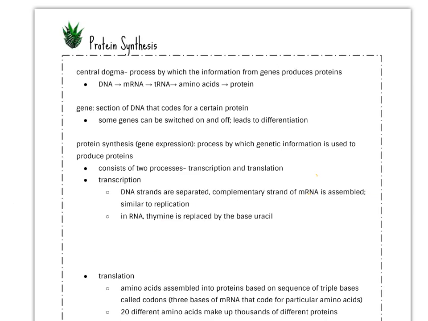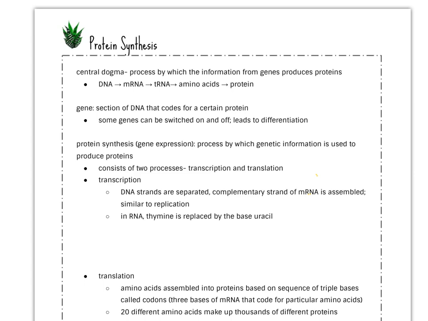Okay, so moving on to the next page. So we know now that DNA is the genetic information in our cells that codes for our genetic information, basically. And the way it does that is through making proteins, which we kind of already talked about, but guess what? We're going to talk about it even more because it's super important.